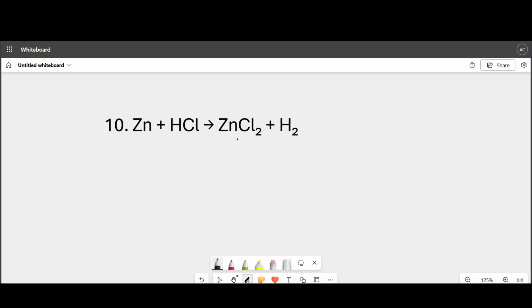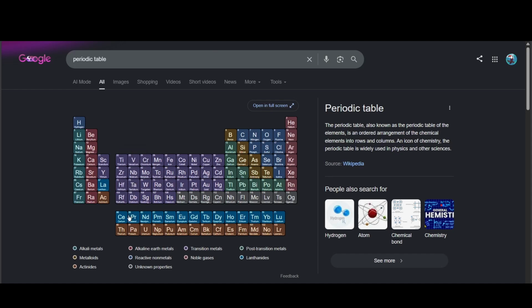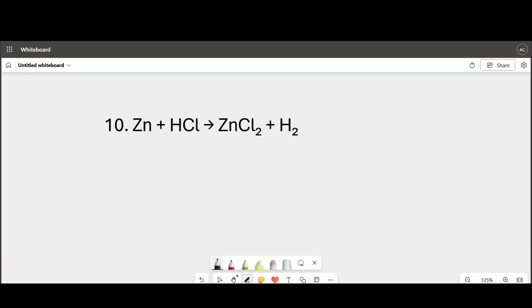So what is Zn? Let's first search for the Zn. Zinc. Okay, we got zinc, hydrogen, and chloride, so we just have to balance these. Zinc is already balanced. We got hydrogen and chloride that is not balanced over here, so we have to balance that.